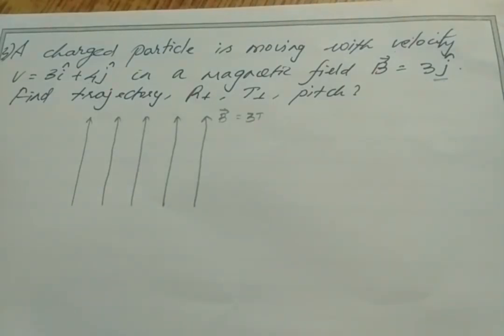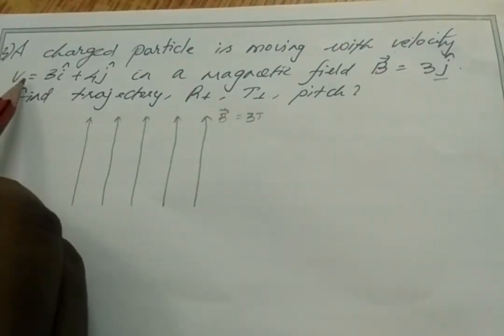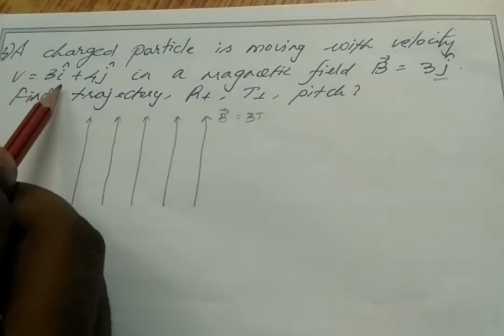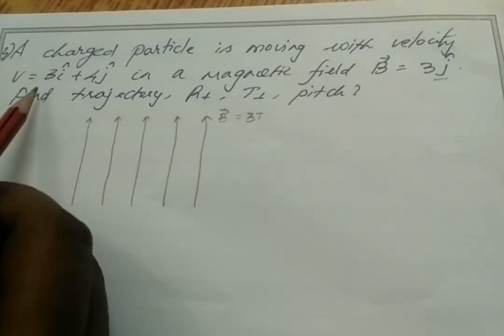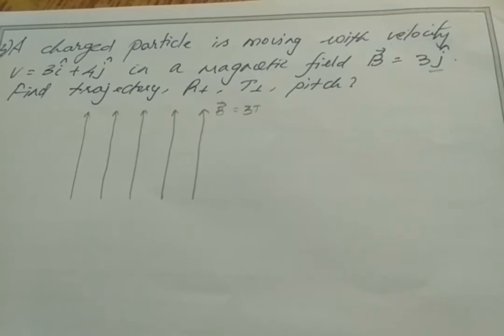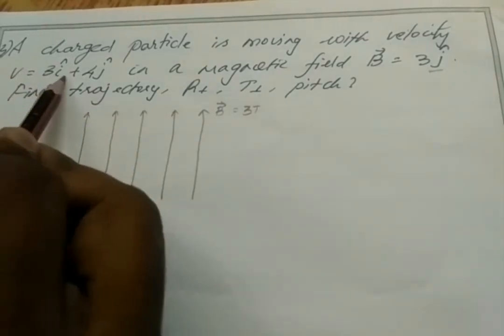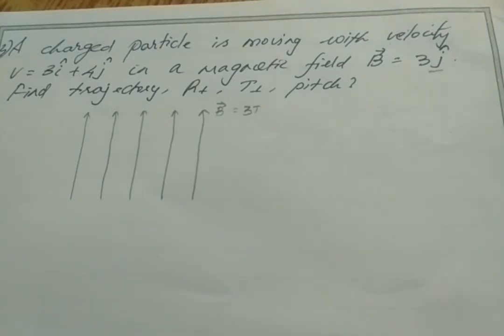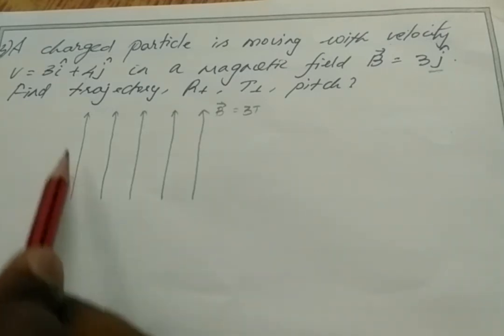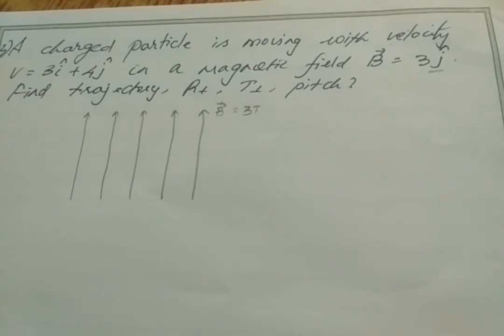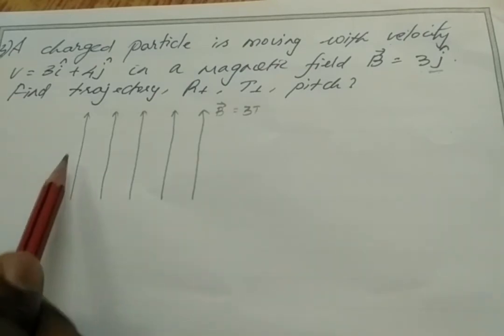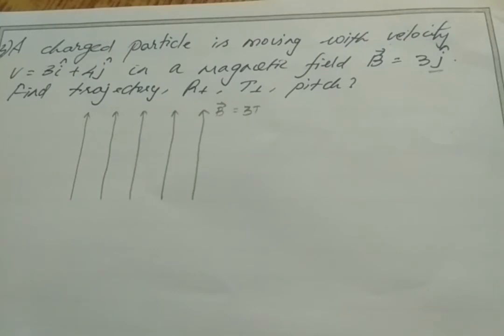Okay, so our charged particle moves with a velocity of 3i plus 4j. Here which one is our perpendicular component? We have 3i plus 4j. We have two components, right? In the x-axis and y-axis. Which one is perpendicular and which one is parallel? Here the magnetic field is along the positive y-axis, right? So if a charged particle moves along the positive y-axis, that is parallel to the magnetic field.